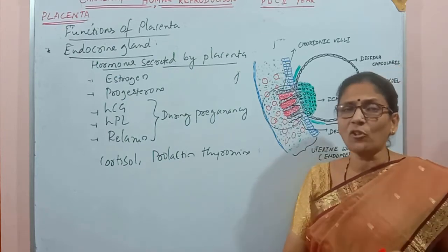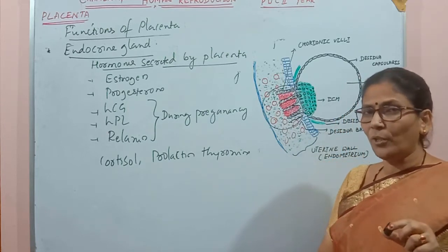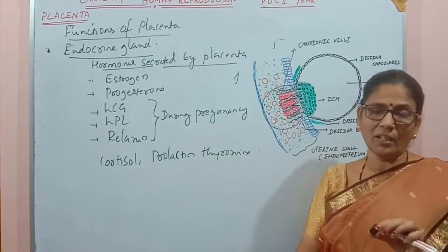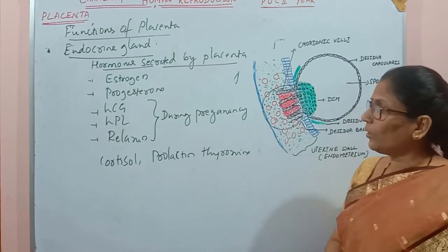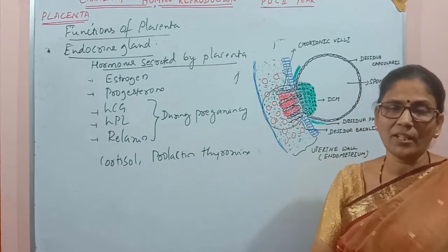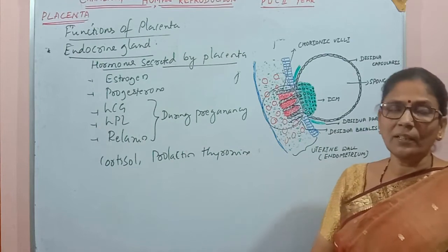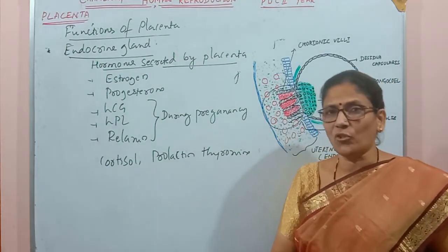And one more specific question will be there: what are those hormones which are secreted by placenta only during pregnancy? You have to write only HCG, HPL and relaxin, because these are the hormones which are secreted only during pregnancy. In NEET you may get many different types of questions.